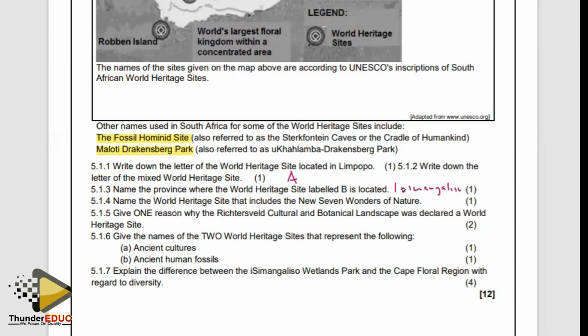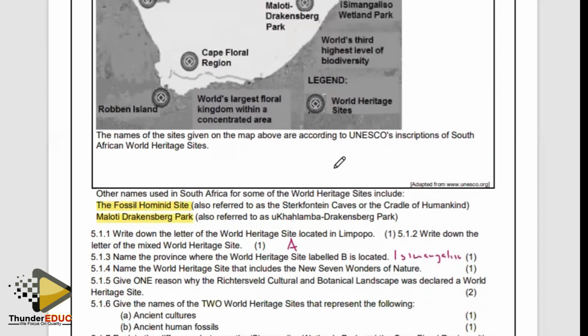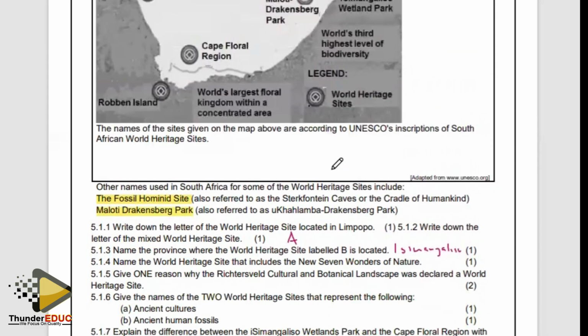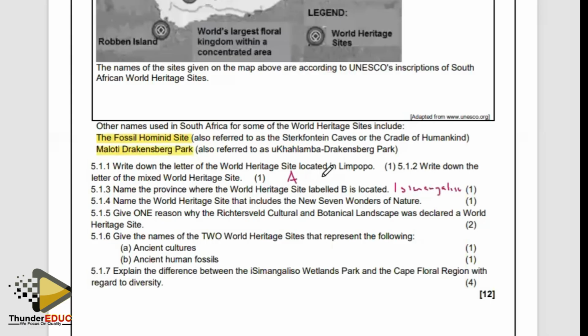Then, name the World Heritage Site that includes one of the new seven wonders of nature. That is the Cape Floral region.